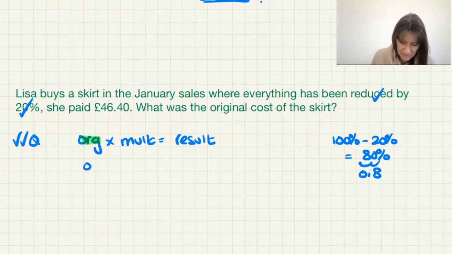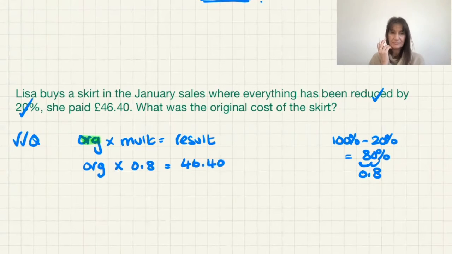So I have got this value I don't know. When it got times by 0.8, it became £46.40. So I've got everything in the right position. Now, if I want to know what something equals, I need to get it on its own. So this times by 0.8 has to go.